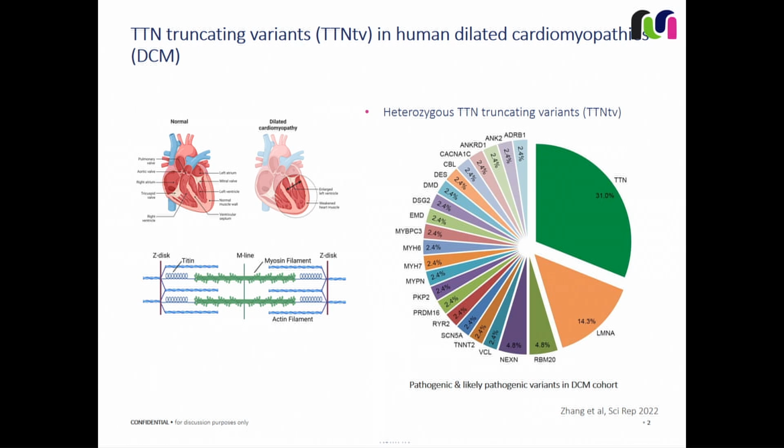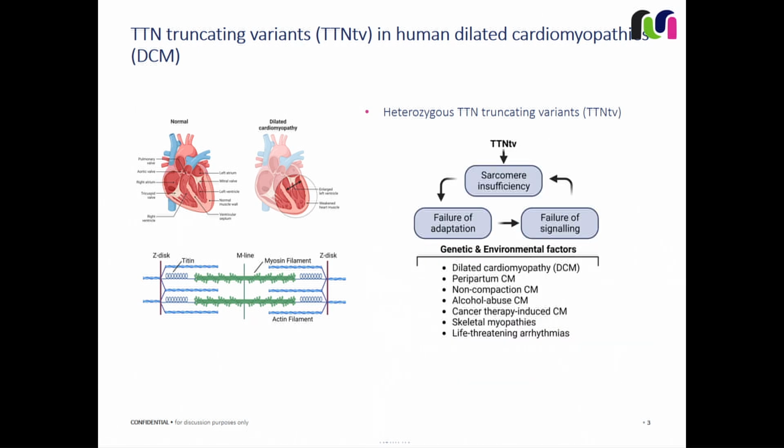And TTNtv is not only a risk factor for DCM, but also for other heart conditions, other cardiomyopathies. We have the peripartum cardiomyopathies. We have the left ventricular non-compaction and restrictive cardiomyopathies. We have alcohol abuse cardiomyopathies, cancer therapy-induced cardiomyopathies.